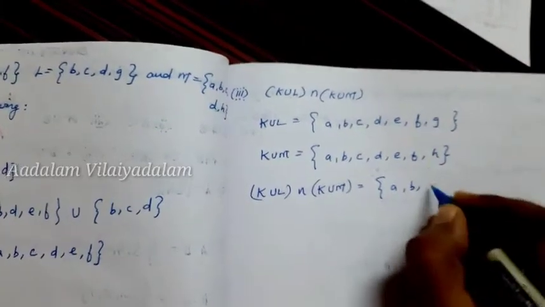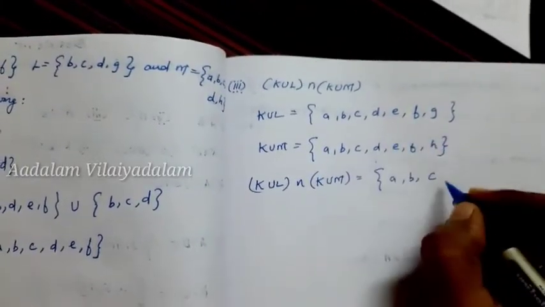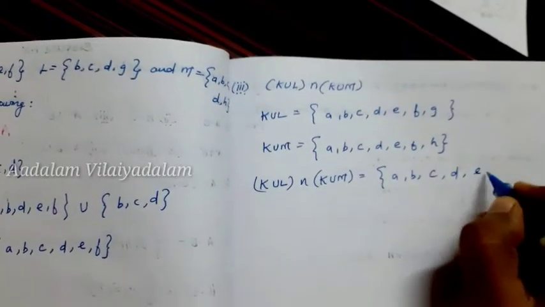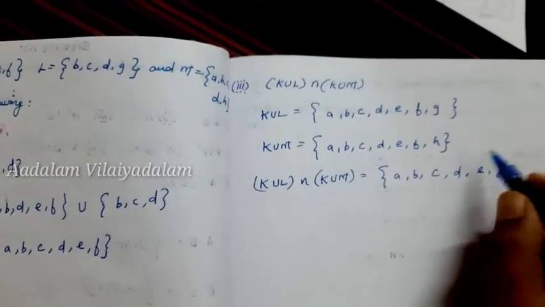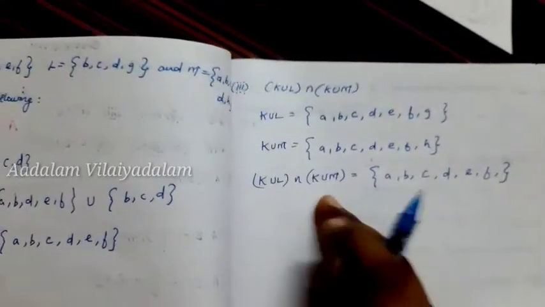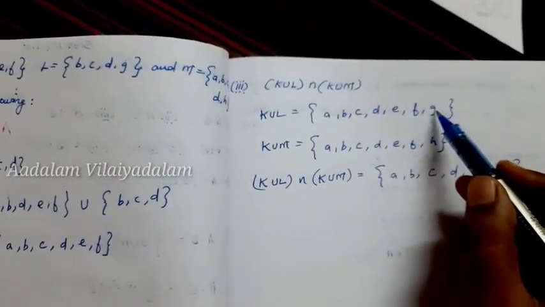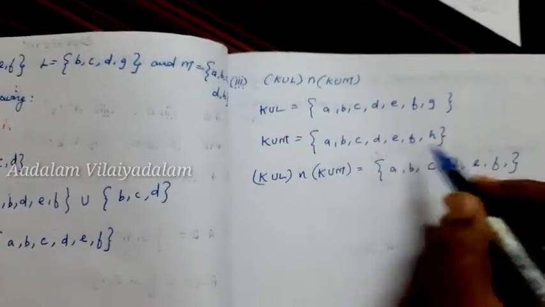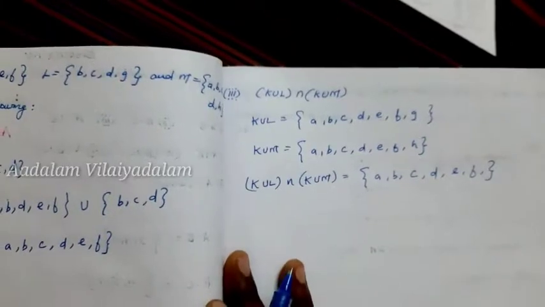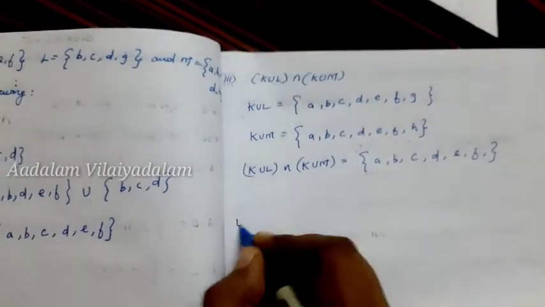A, B, C and D, E, F. So this much is the intersection. Here there is no pair for G and H. So up to E, F the elements are the same. Okay, now let's move to the fourth subdivision.